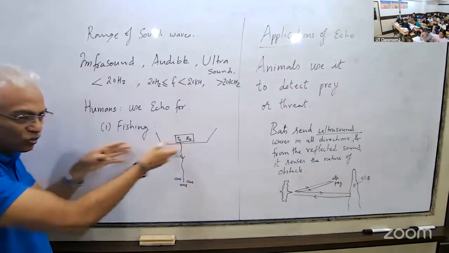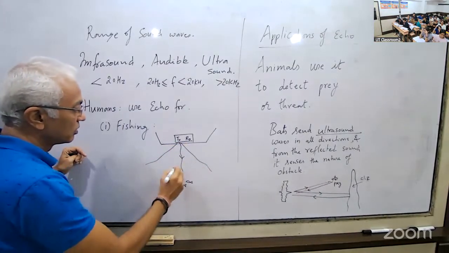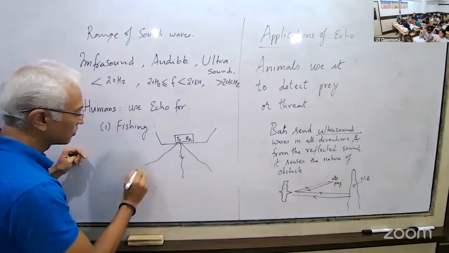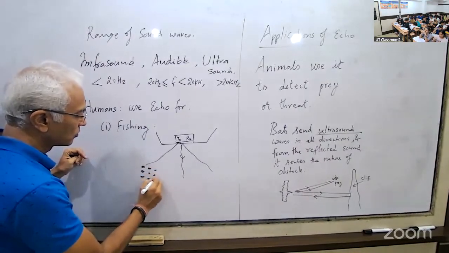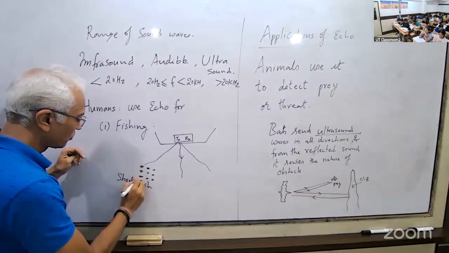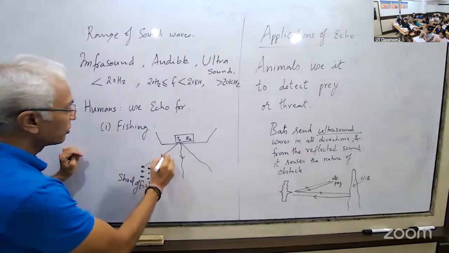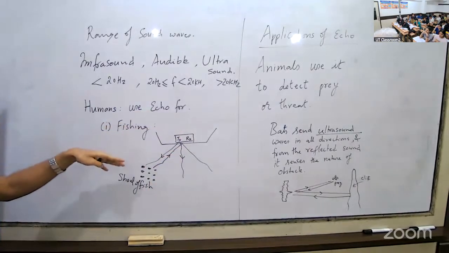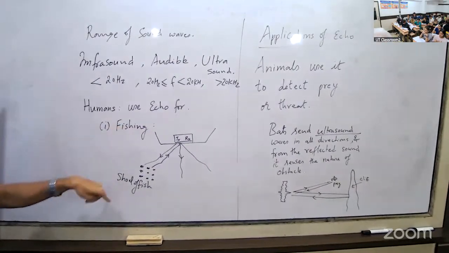It goes in all directions, right? So suppose it finds fish here, a shoal of fish, or a group of fish, okay? So from here, the reflected ray will come back, so it will be able to estimate where the group of fish is. Then they will lay net and fish it.